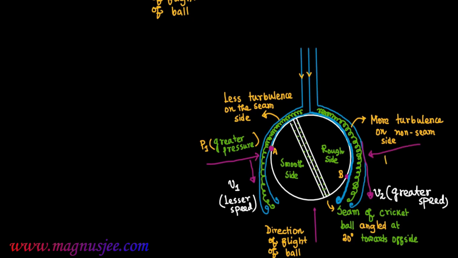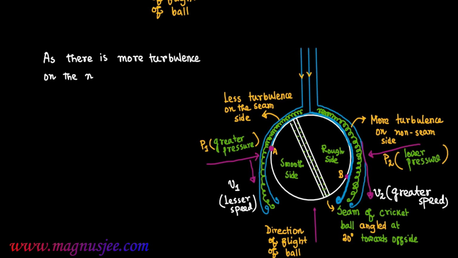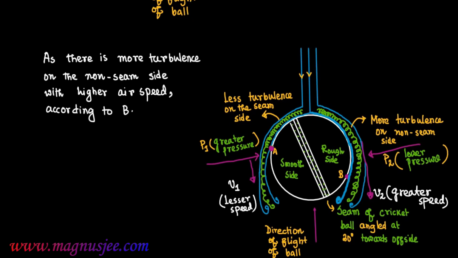For the seam side, greater pressure P1 acts, and for the non-seam side, where strong turbulent flow occurs, lower pressure will be acting, as there is more turbulence on the non-seam side with higher airspeed, according to Bernoulli's theorem.